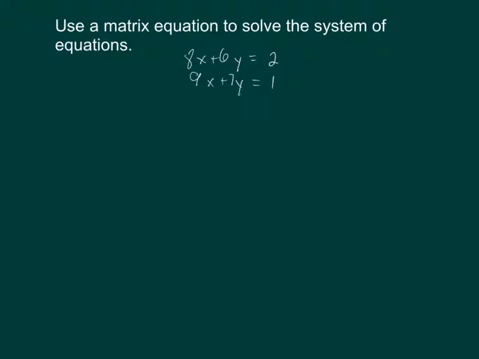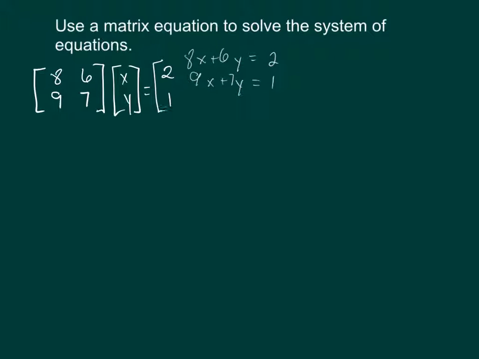Now we can use that concept to solve a system of equations. So to write this system as a matrix, it would be 8, 9 and then 6, 7, times x, y equals 2, 1.